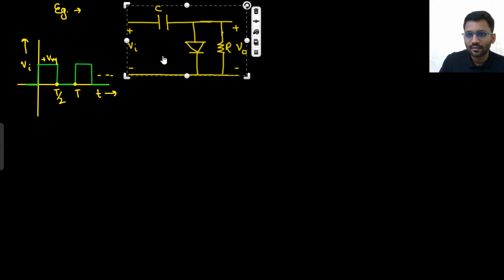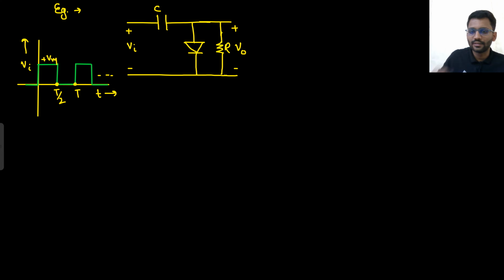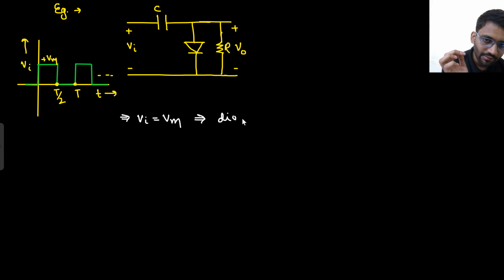This is what you will do. You have to turn on the diode. When will the diode turn on? When the applied input equals Vm only. When Vin equals Vm, the diode turns on. And if the diode turns on, what will be the steady state capacitor voltage?